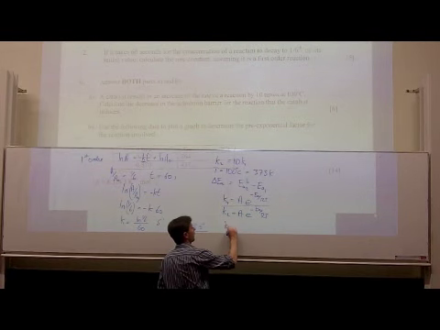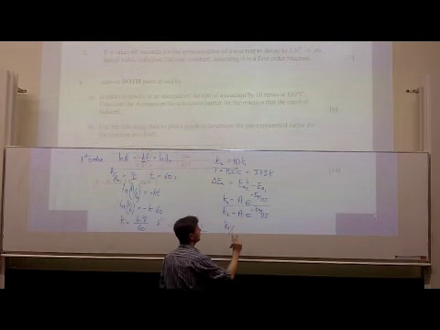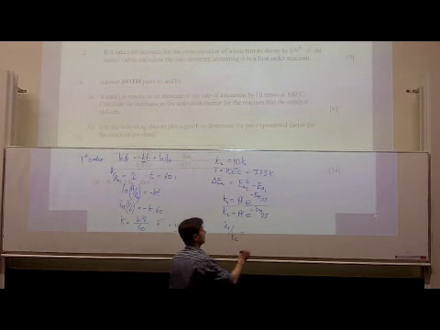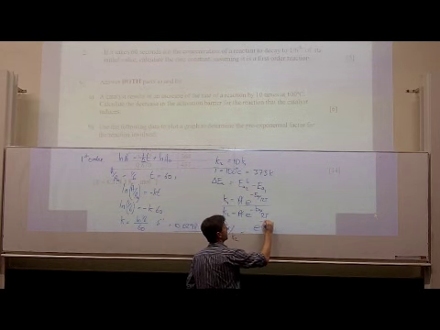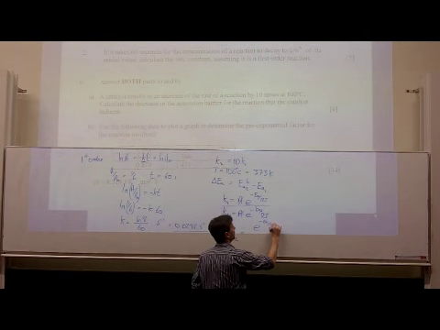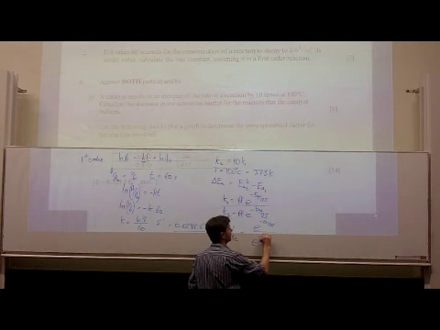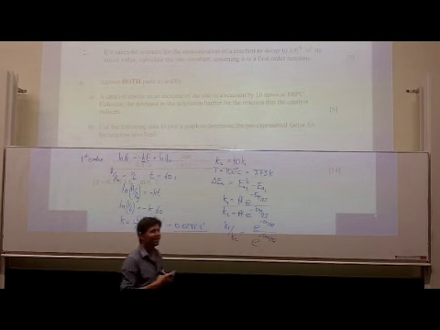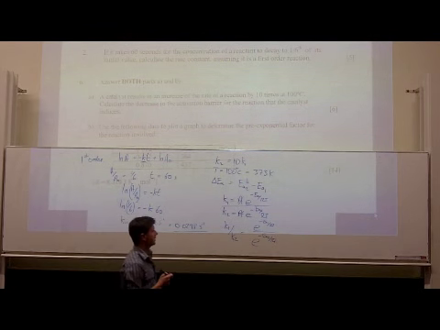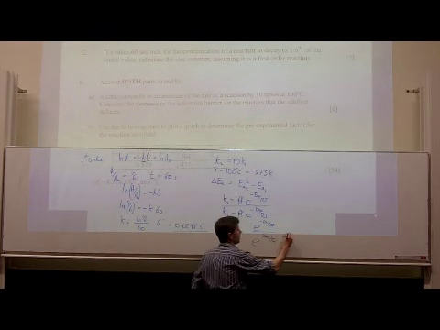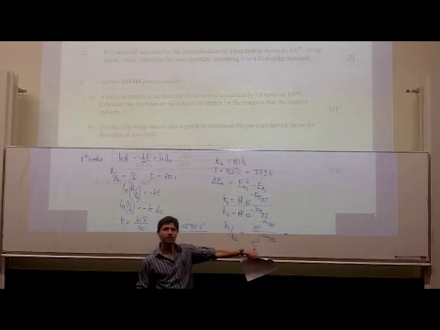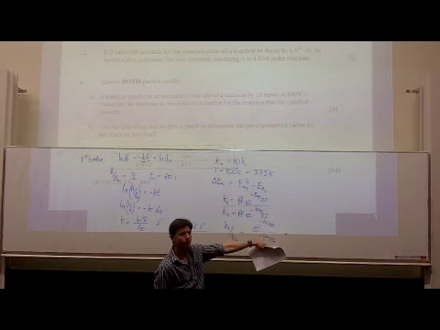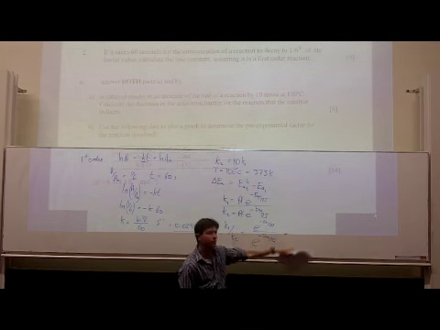So that will give us K1 over K2. The A's will cancel out. It's going to give me e to the minus EA1 over RT divided by e to the minus EA2 over RT. This is where you have to be a little careful to make sure you get the maths right. Instead of writing the exponential to a minus number and putting it in the denominator, I can move it up to the top.